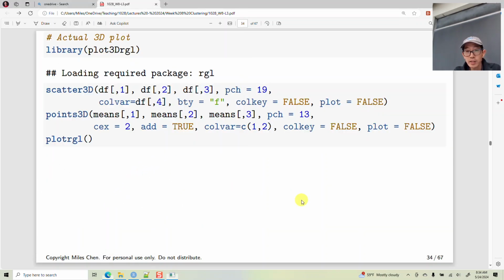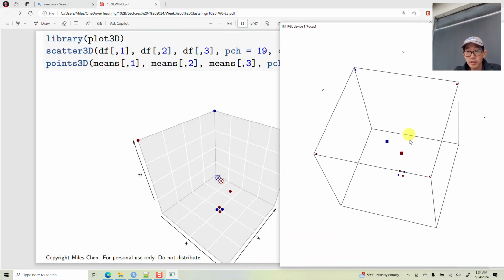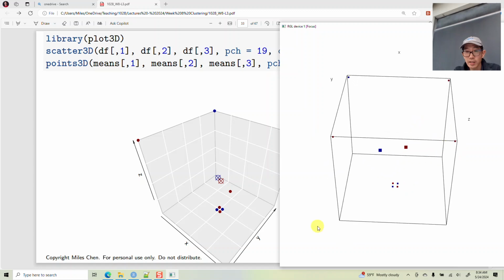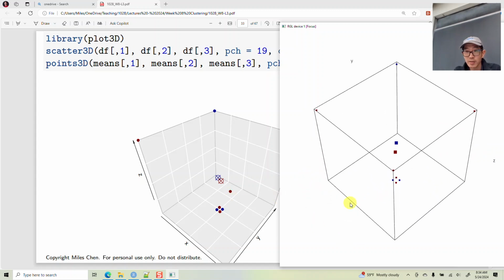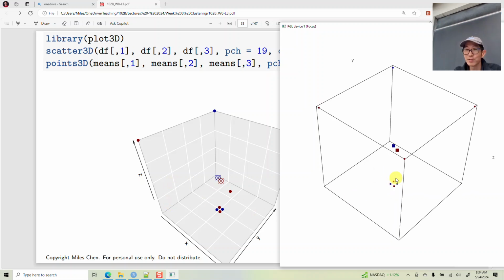It's hard to see, so I think it's easier to see this way. What you are seeing is this view right here.